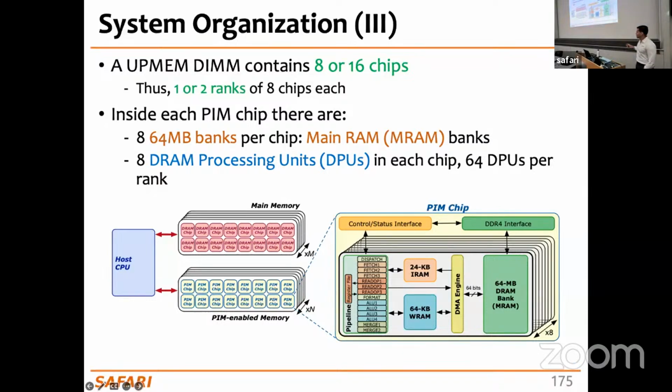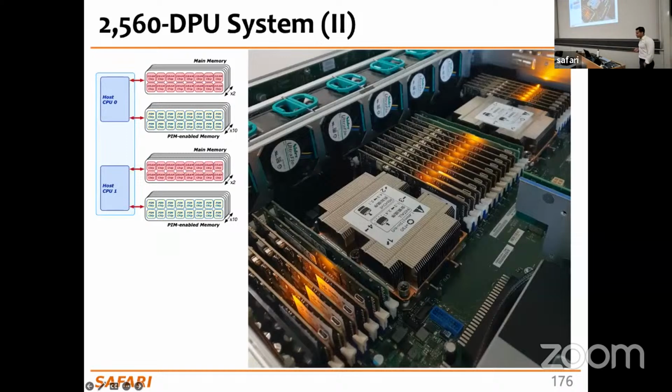So you don't operate directly on the data in the DRAM bank. You need to move the data from the DRAM bank to the scratchpad memory, and then from the scratchpad memory to the registers of the cores. This is a picture of one of the systems that the UPMEM people give you access to.